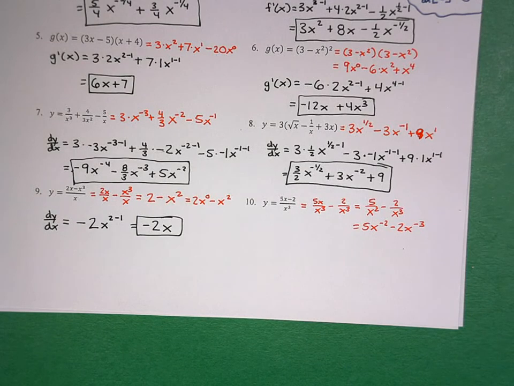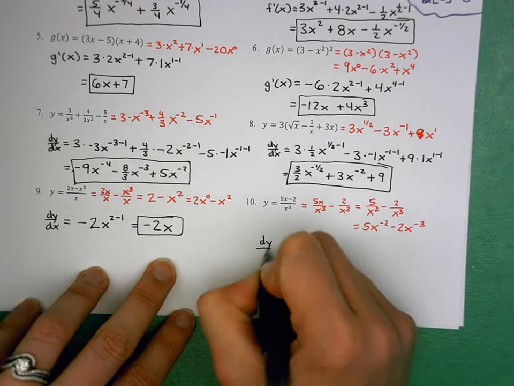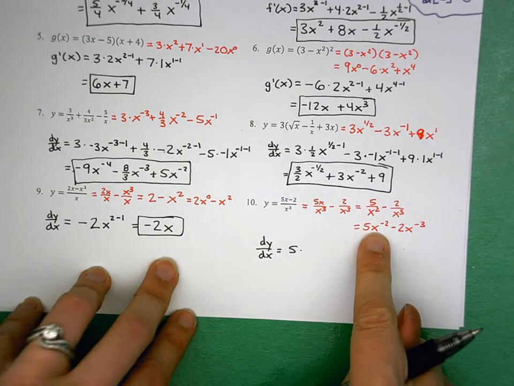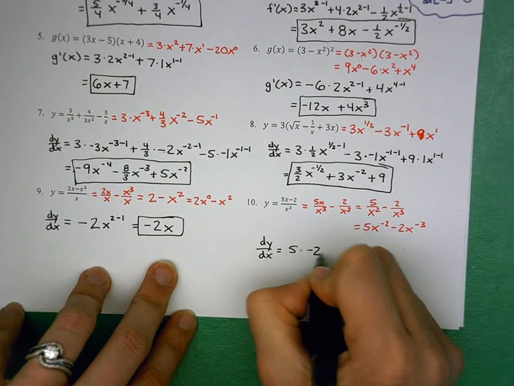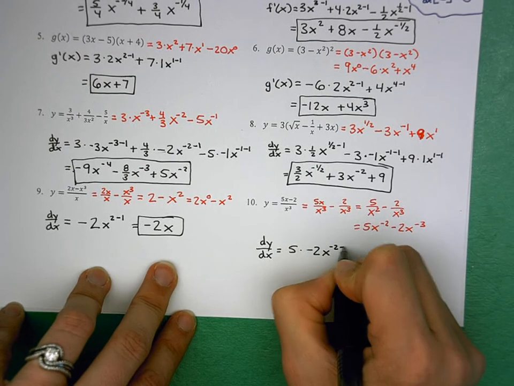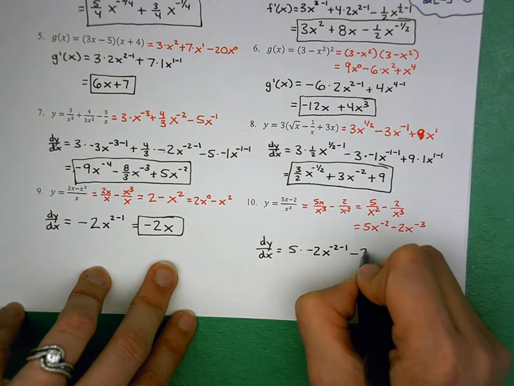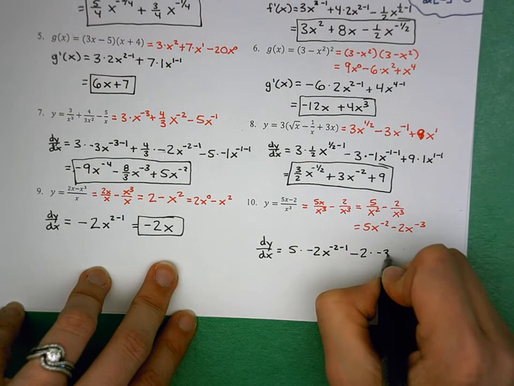Okay? So on that first term, we have dy dx equals, my n is negative 2, so the negative 2 is going to come down in front, and my exponent is going to become negative 2 minus 1. Okay, in the second term, my n is negative 3, so that negative 3 is going to come down in front.